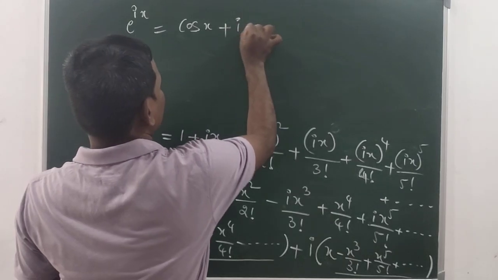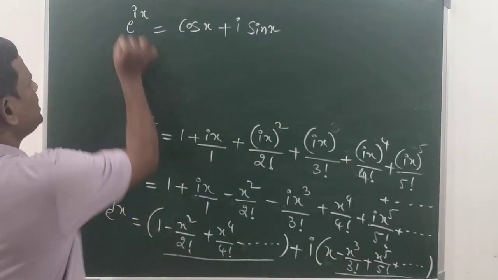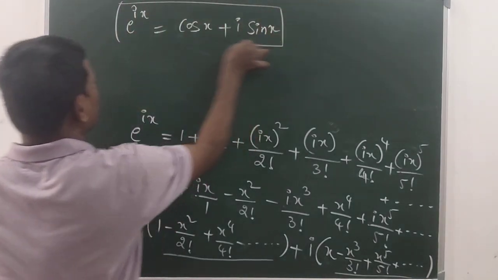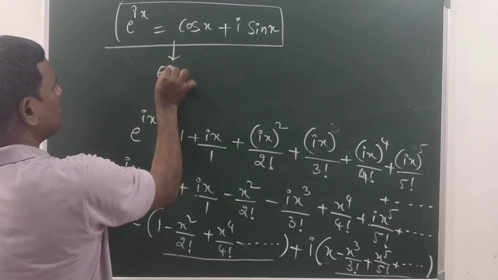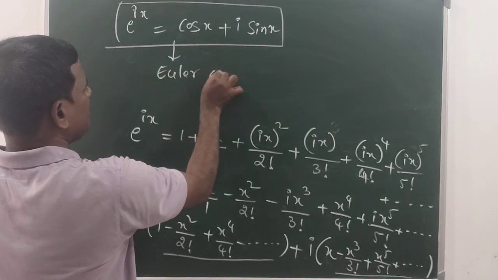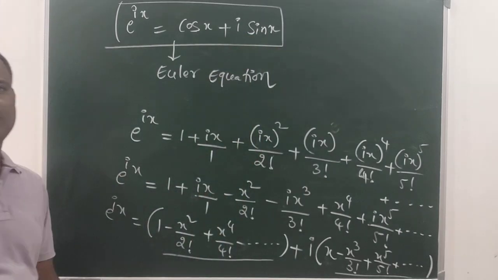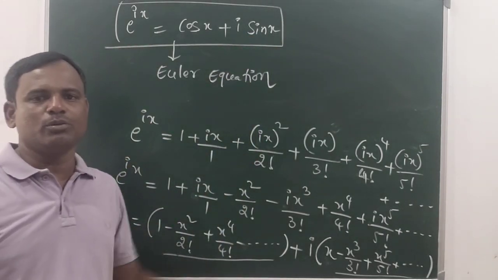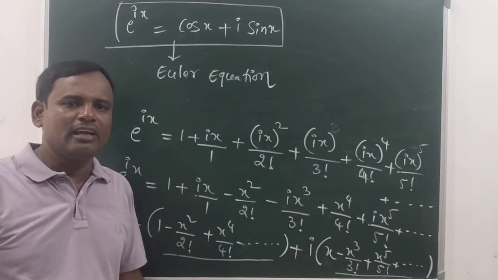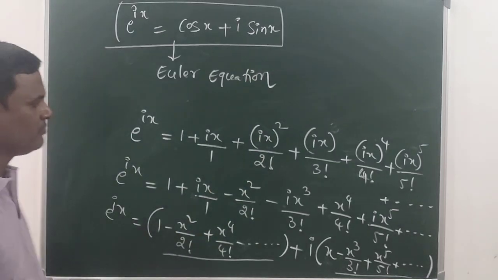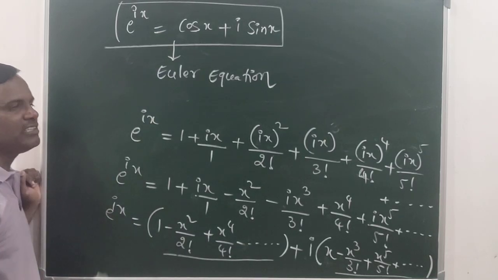So right here, sin x. So this is said to be Euler equation. e power ix, which is equal to cos x plus i sin x, is called Euler equation. I hope you have understood how I have written that.